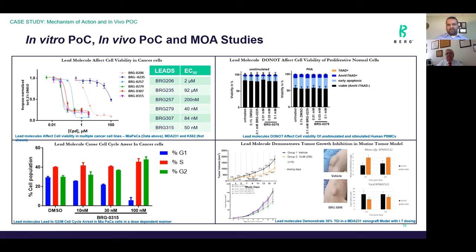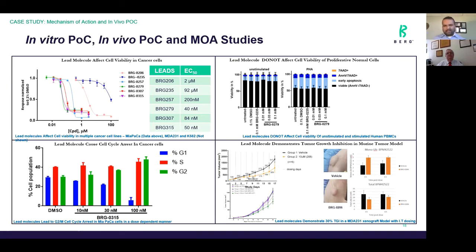We don't have effects on normal proliferative cells. In this case, we used human PBMCs, unstimulated and stimulated, and we see no effect of these molecules on normal proliferative cells. Again, like in the target knockdown, where we observed a G2 to M arrest, we saw that these molecules were also causing a G2 to M arrest in the cellular system that we used.